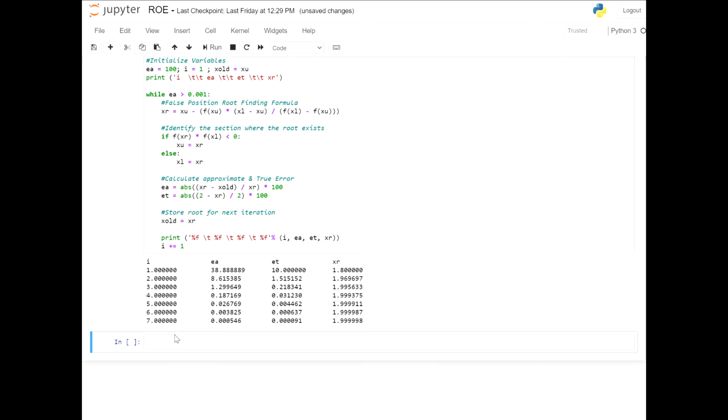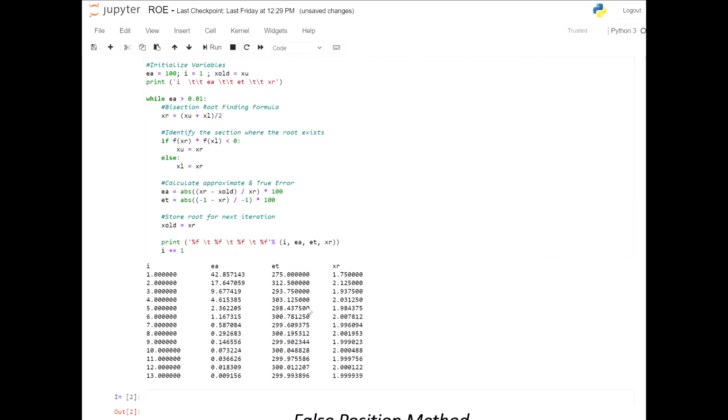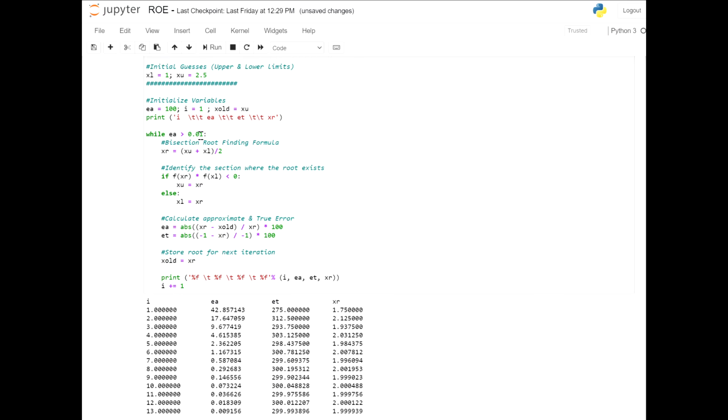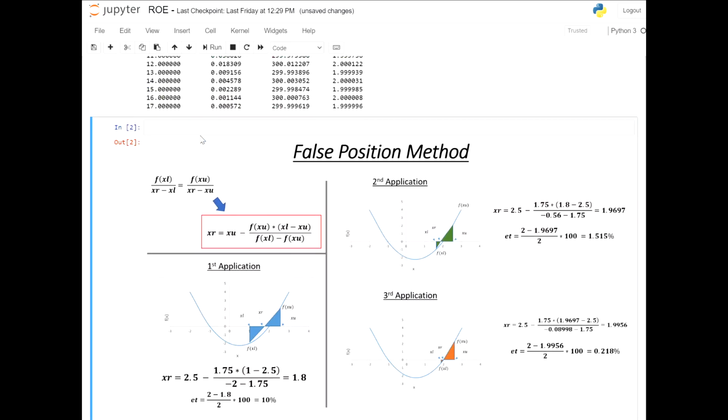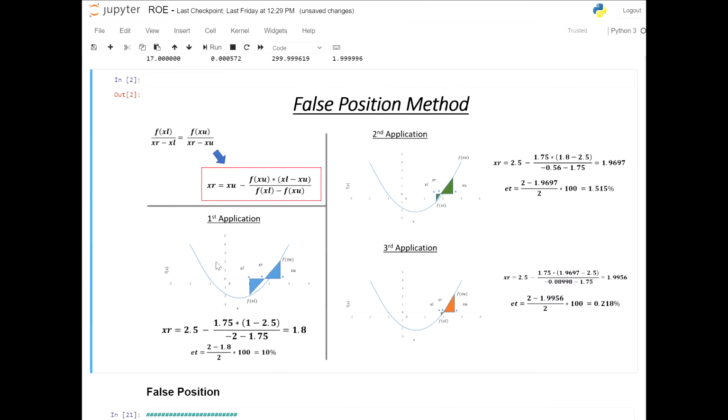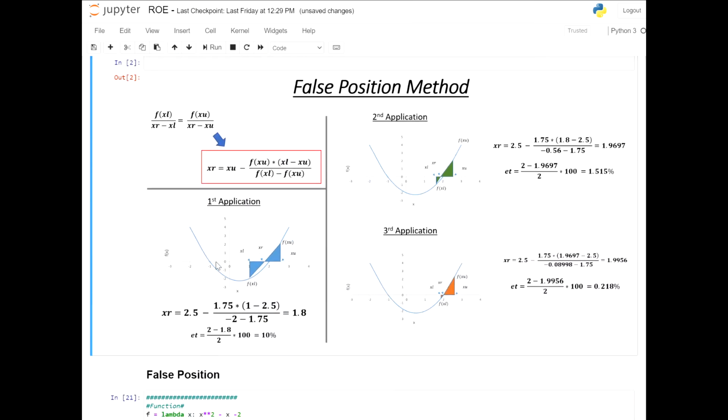So 7 different applications to go below 0.001%. And you can see almost 2 here. And this one, if I remember correctly, should give us 17 different iterations for us to go below 0.001%. So you can see the effectiveness of factoring in the function values of the upper and lower limit in finding the root.